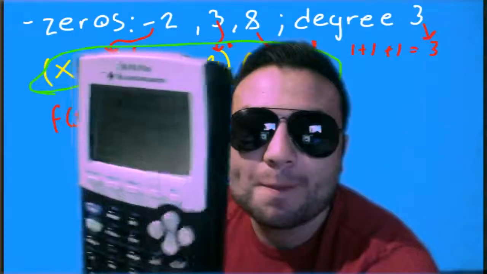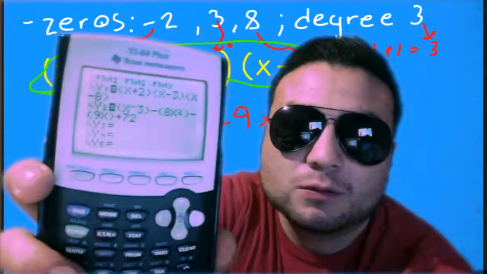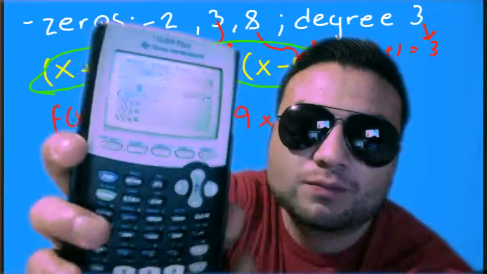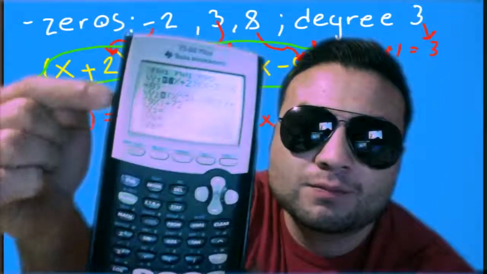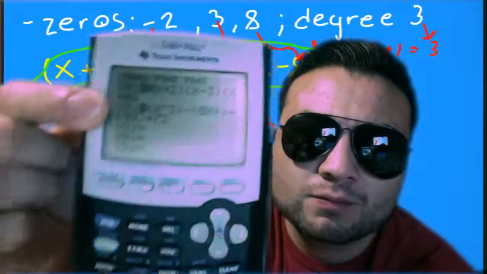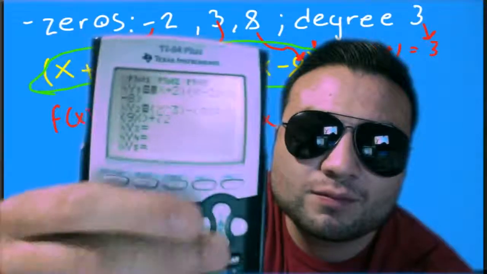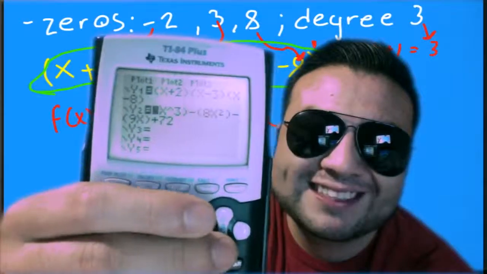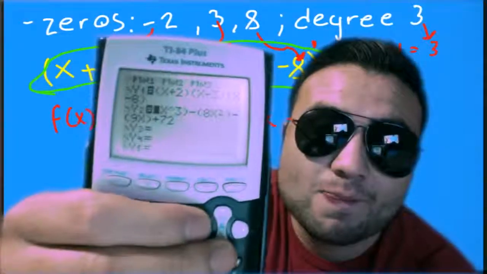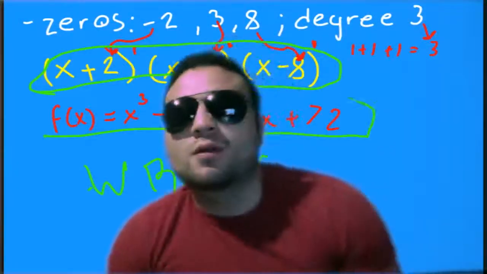And then you're going to go down to y2, and you are going to start inputting your options. You're going to go with your first option, okay? And you're going to press graph. And if the graph looks different, well, that's a wrong answer, okay? So you're going to see this function in your options.